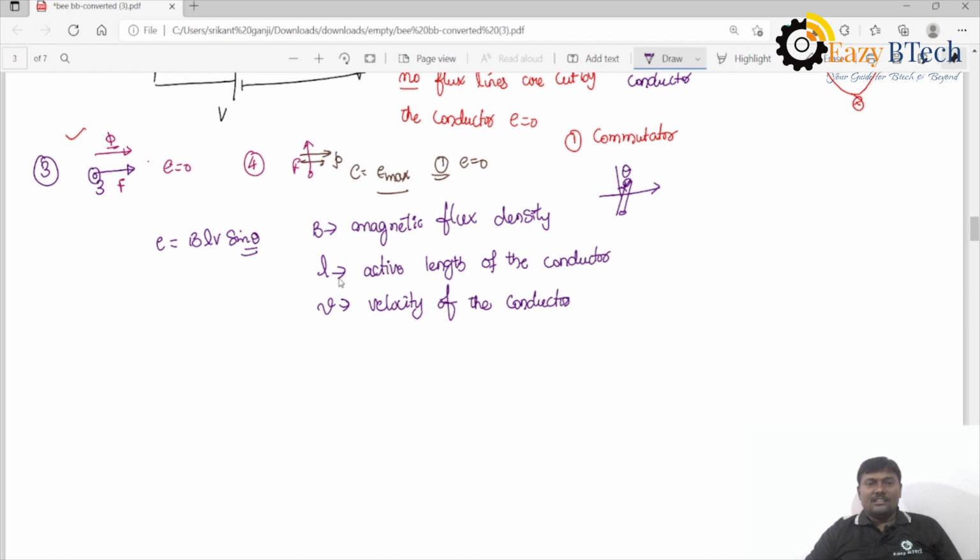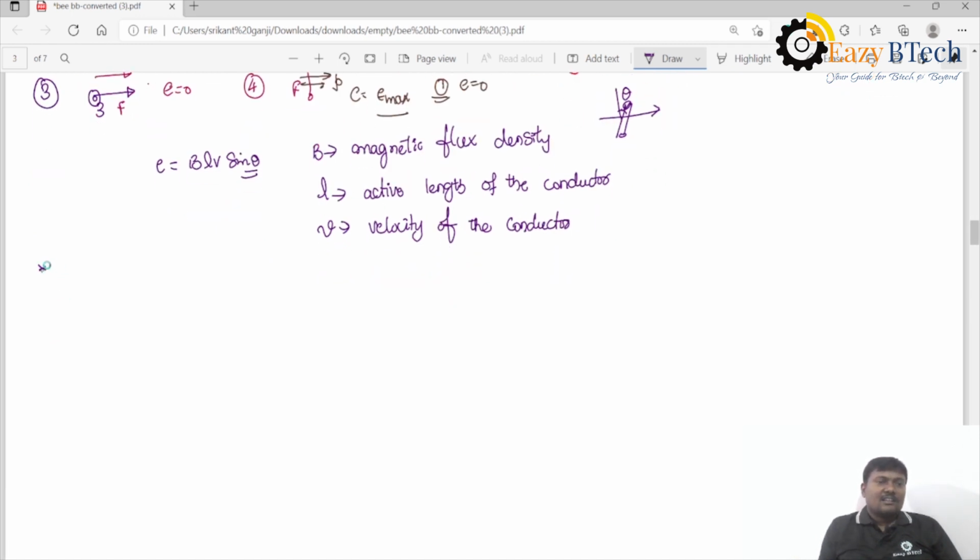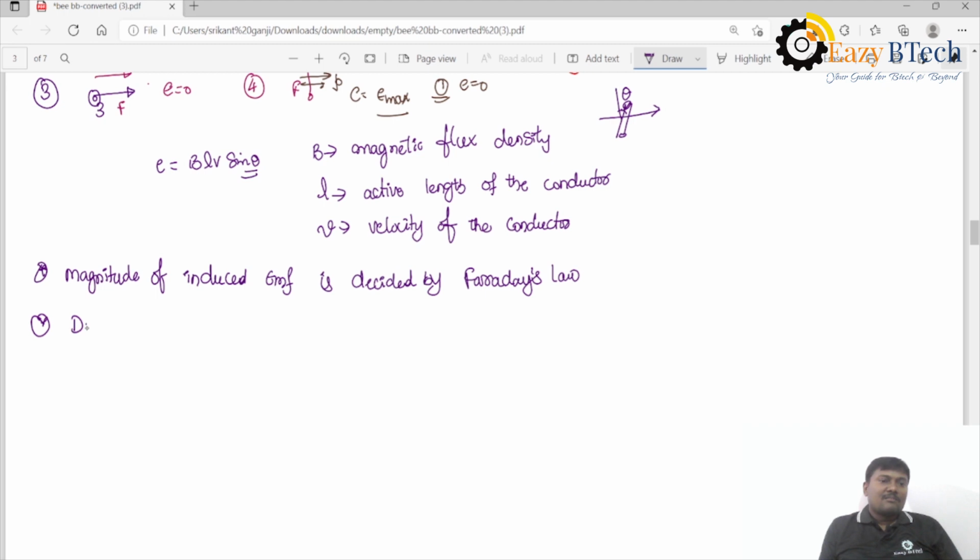The magnitude of the induced EMF is decided by Faraday's law, and the direction of the induced EMF is decided by Fleming's right hand rule.